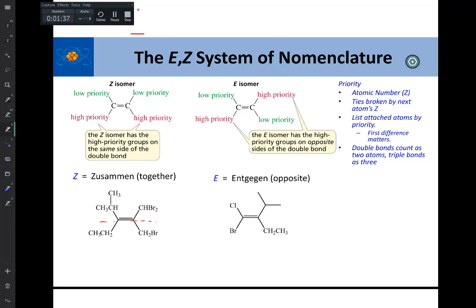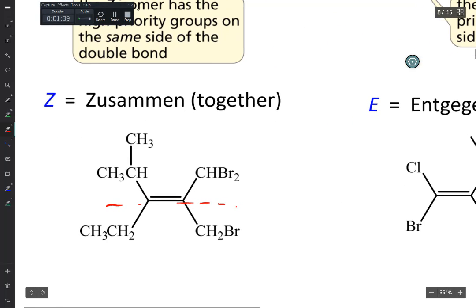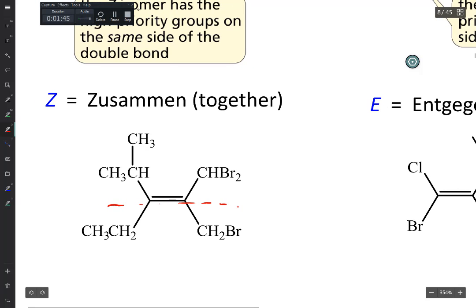So if we look at this one on the left, I'll zoom in on that. This is a carbon, right? And this is a carbon. So that's a tie. This atom and this atom are the same. So what you have to do is list the atoms attached to that atom in order of atomic number.